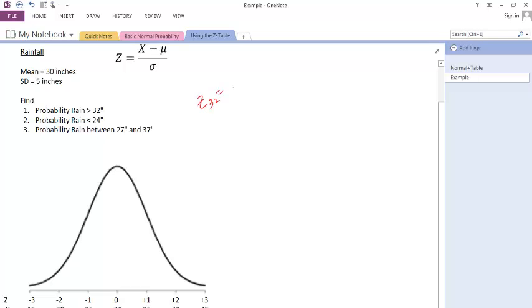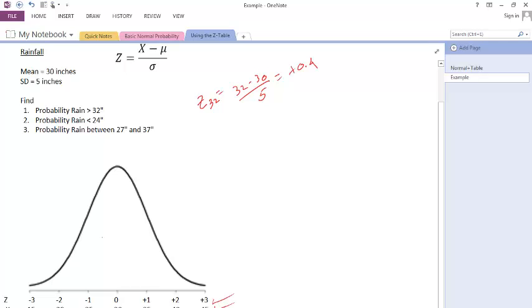It's 32 minus 30 divided by 5, so that equals plus 0.4. And as I recommended in the last video, you should always set up a sketch of the normal curve with your z and x values.